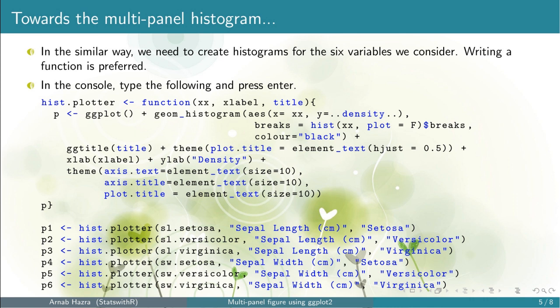When we plot many histograms together, they can overlap with each other if we choose size equals to 20. Next, we just evaluate the function hist.plotter at the 6 vectors and store into 6 ggplot objects P1 through P6. We are done with 6 individual histograms.